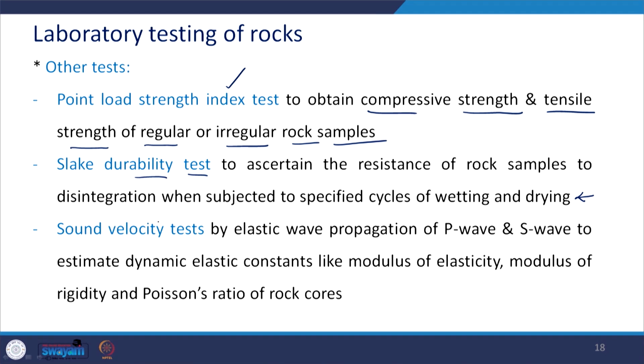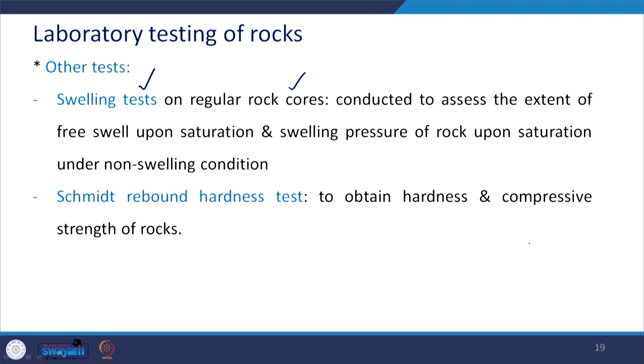Then we have the sound velocity test, which we conduct by the propagation of elastic waves. These can be P wave or S wave, and this helps us to find out the dynamic elastic constants such as modulus of elasticity, modulus of rigidity and Poisson's ratio of rock cores. Then we conduct swelling tests on regular rock cores.